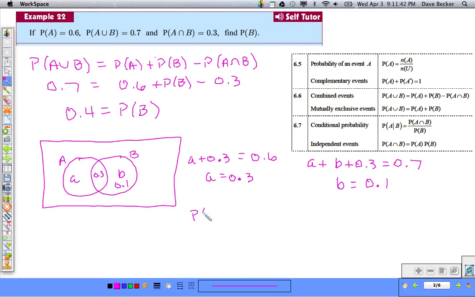Well, the probability of B is equal to 0.3 from the Venn diagram plus 0.1, which is equal to 0.4. So that just gives you an idea of how this formula looks visually.